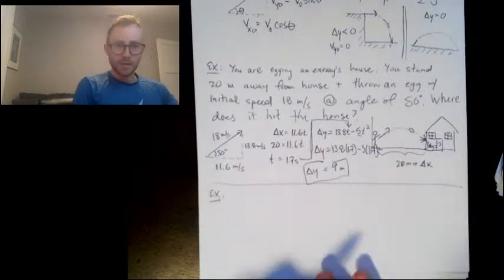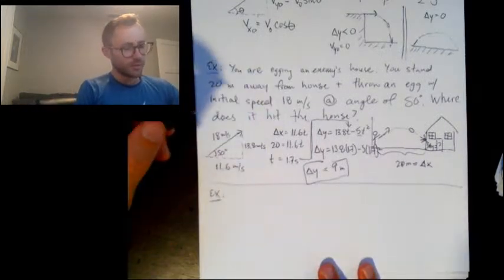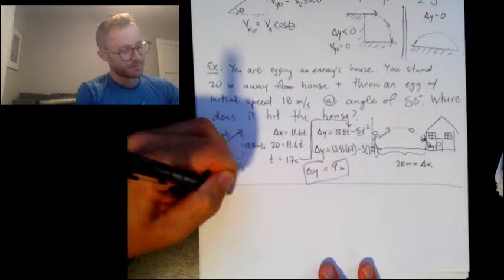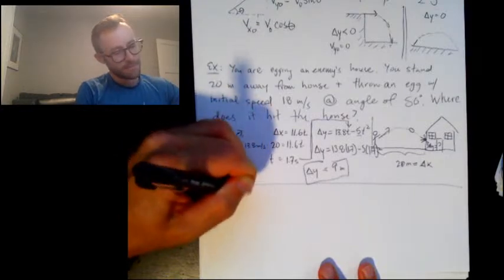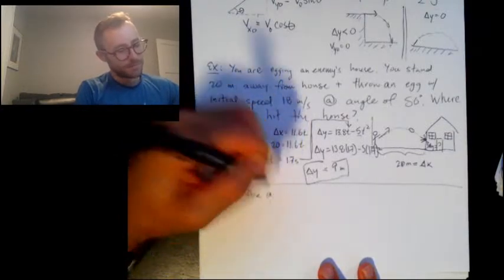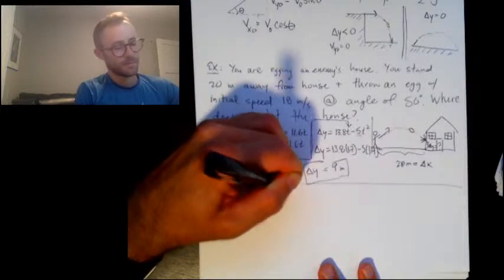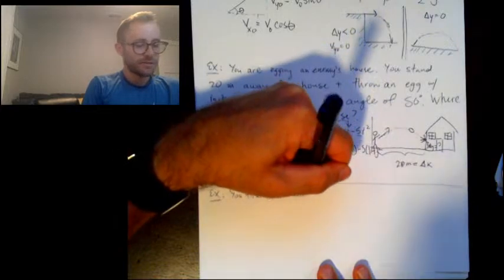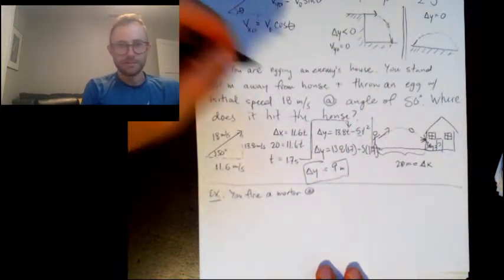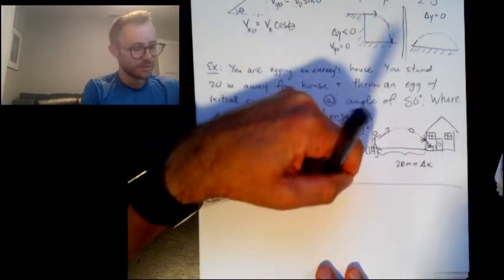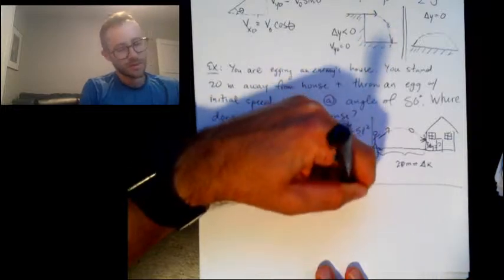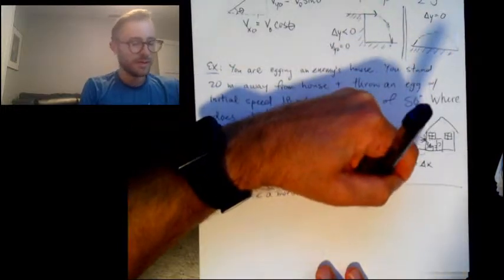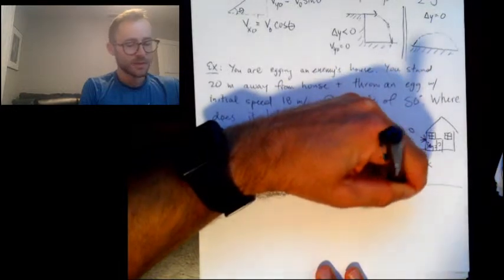All right. So let's suppose that you fire a mortar at, let's say, 70 meters per second with angle 45 degrees.